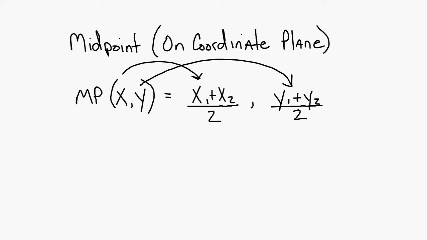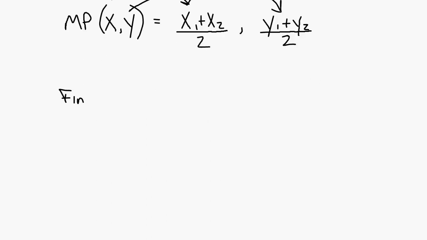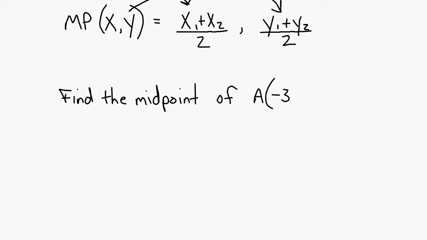So if you're given a segment, I'm not even going to put it on a coordinate plane. I'm going to ask you to find the midpoint of A, which is at -3, -8, and C, which is at 5, 7.